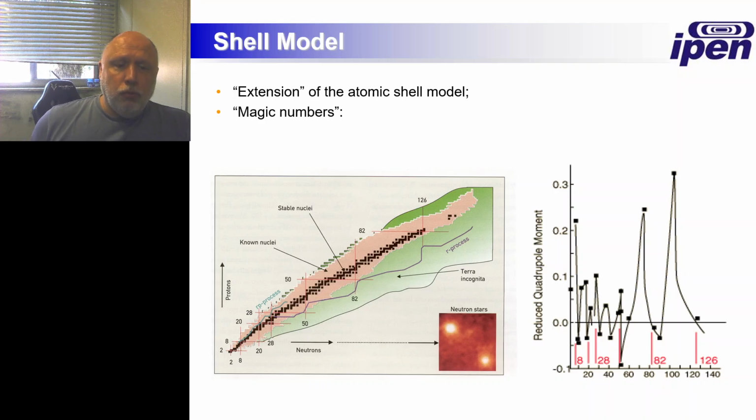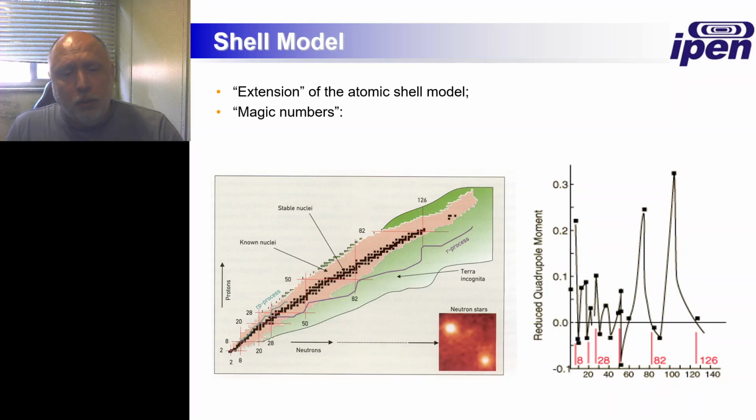The opposed idea is the shell model. Think of the nucleus. They are more refined models, right? What they do essentially is think of the nucleus as we think of electrons in an atom.